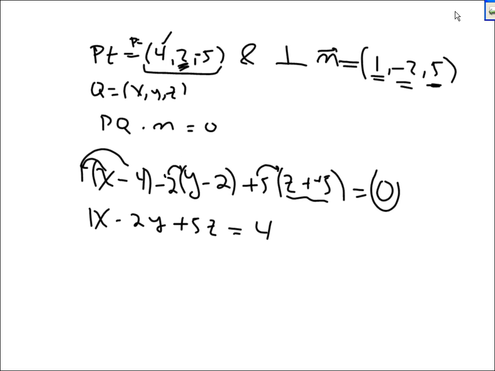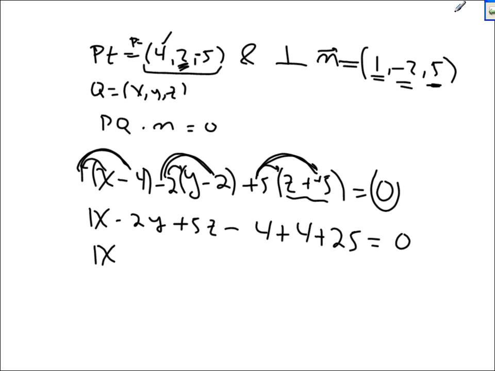Actually, we don't usually do that. All right. So you have to take away 4, and here you have to add 4, and here you add 25. And it equals 0. So here it is.